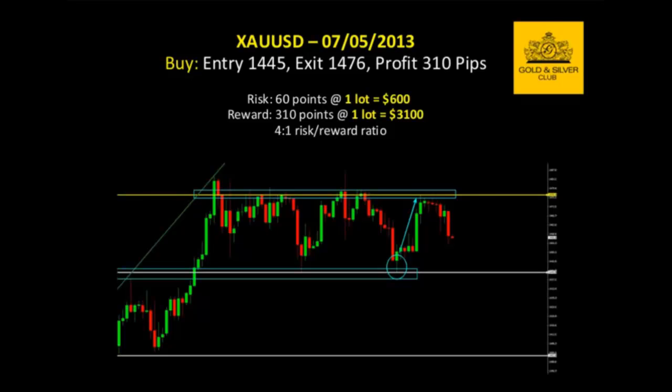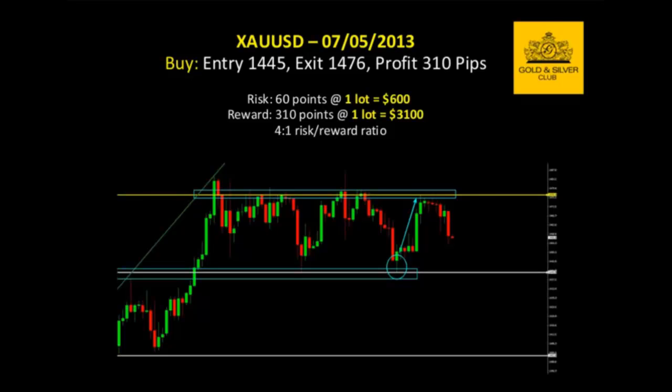We've had another opportunity for a nice day trade of just over 300 pips. We came down, we retested that 1440 level, we got a bounce, and we got in after we'd seen that nice setup. You can see the candle there, a nice dragonfly doji formed, and we entered with a really nice risk to reward, just taking the trade over 24 hours back to resistance. Very straightforward trade.